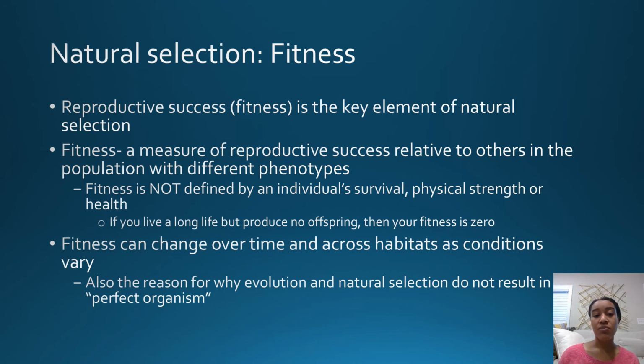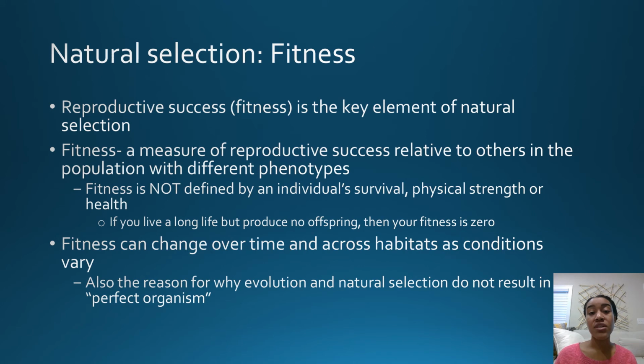An example of why fitness is not based on survival is if you are an animal and you live to be much older than most. So let's say you're a human being and you live to be 110, right? You've lived a long life.